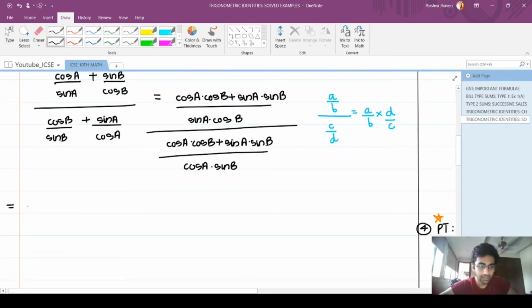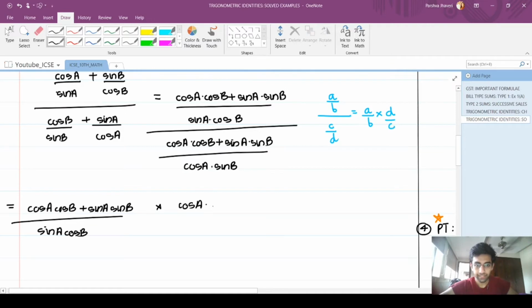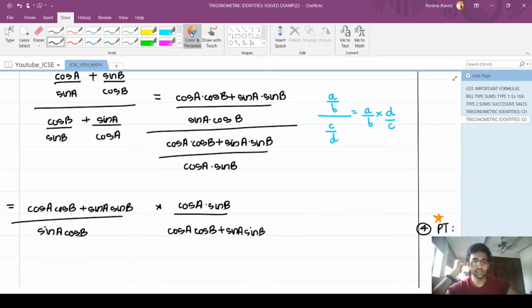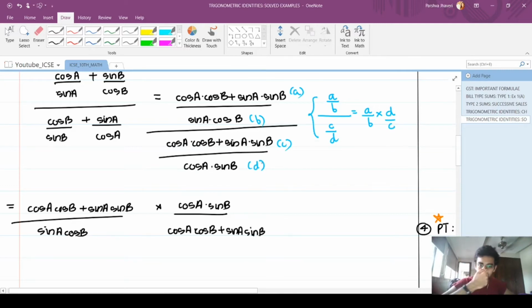This is equal to (cos A cos B plus sin A sin B) upon sin A cos B, into cos A sin B upon (cos A cos B plus sin A sin B). How did I get this? If you're still confused, this is like A, this is like B, this is like C, this is like D, and then I applied this rule over here.